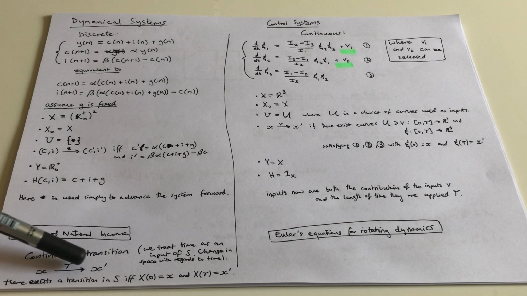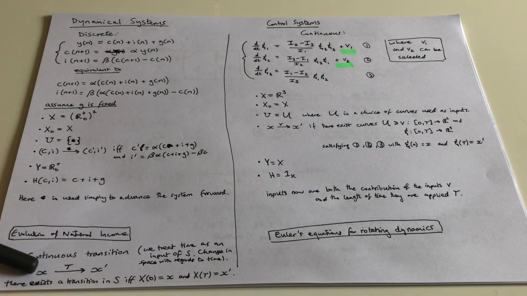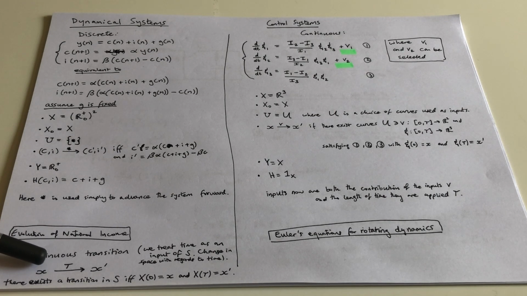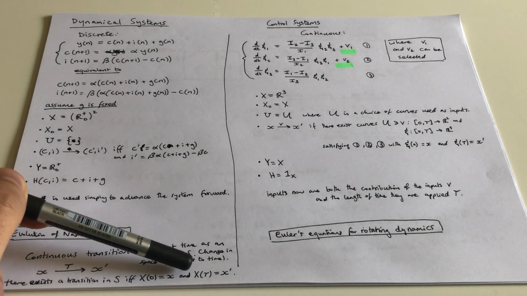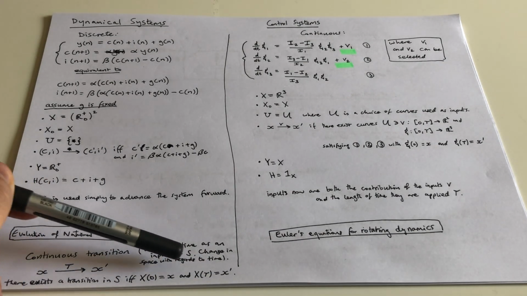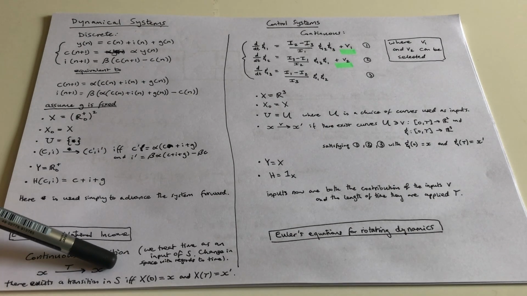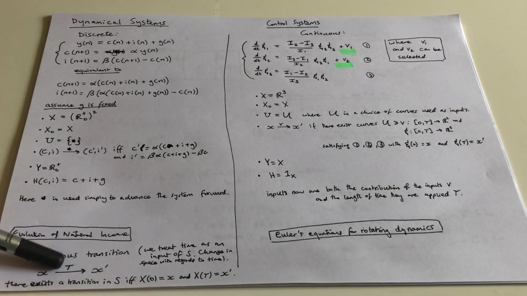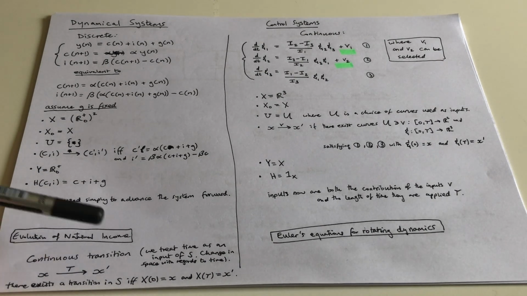This transition will exist in the system if and only if this initial state x exists already within the state space, and if this state x dash also exists in the state space tau in time later.